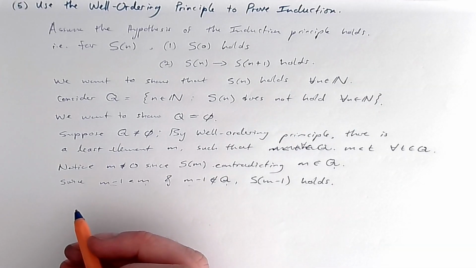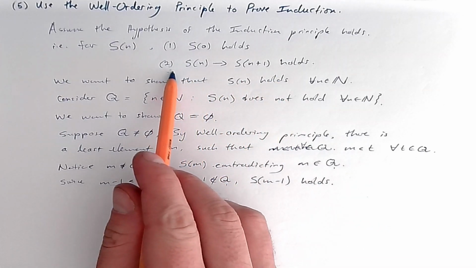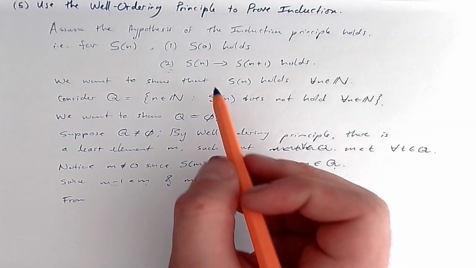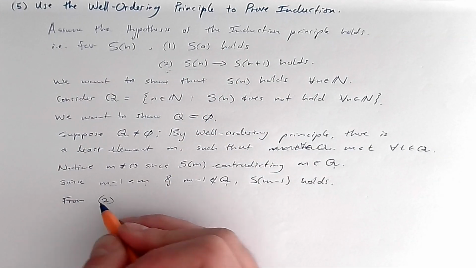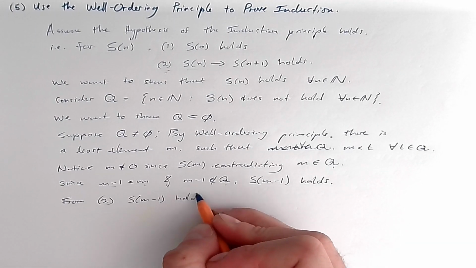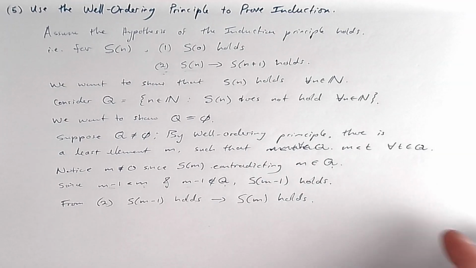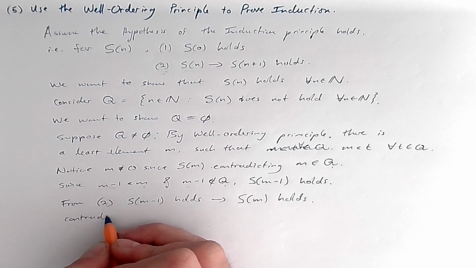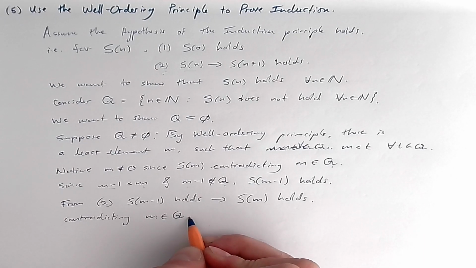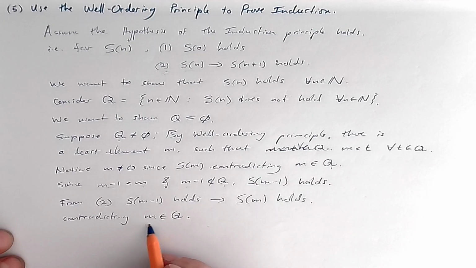Okay, and what we want to show now is that from the hypothesis of the induction principle, that means from the inductive step, since S of M minus 1 is true, we have that S of M holds as well, which actually contradicts that M is in Q. So our assumption that Q was not empty leads us to this contradiction here.